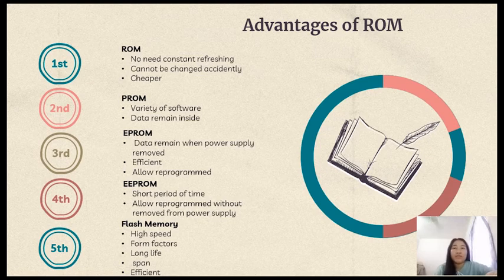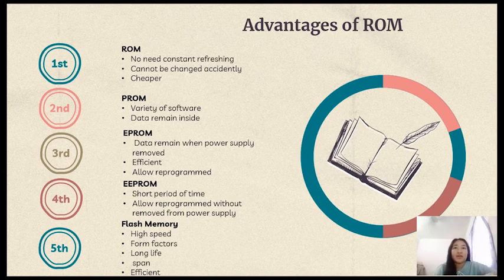Lastly is flash memory. Flash memory offers advantages such as high-speed transferring process. The next one is the form factor, where it provides large storage space in different forms of flash memory, either big or small.